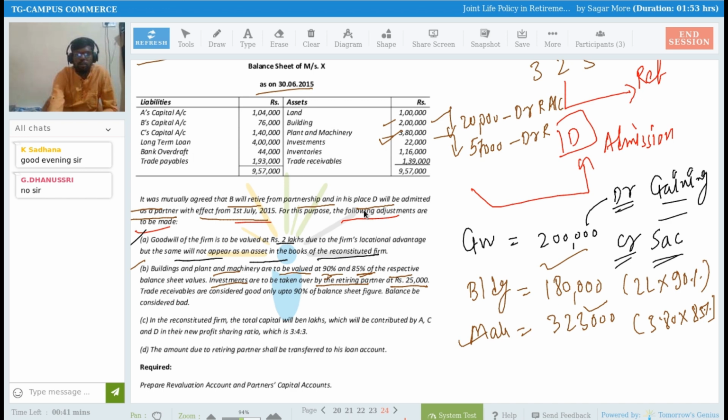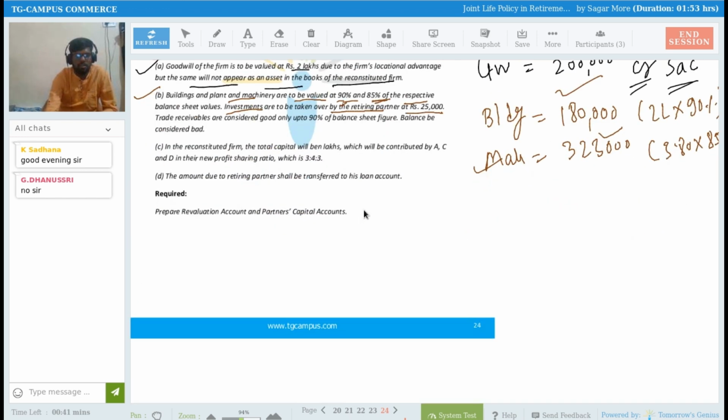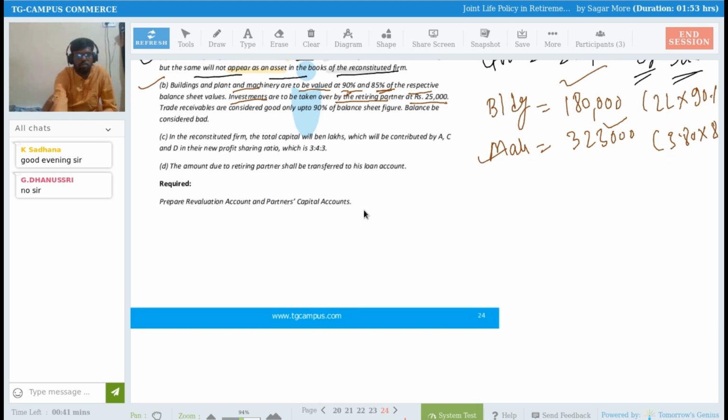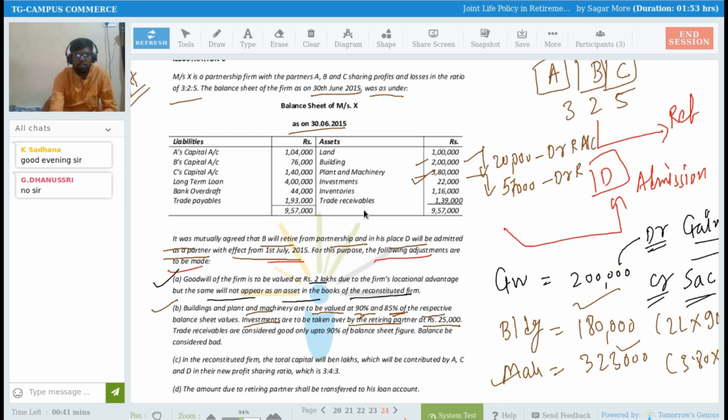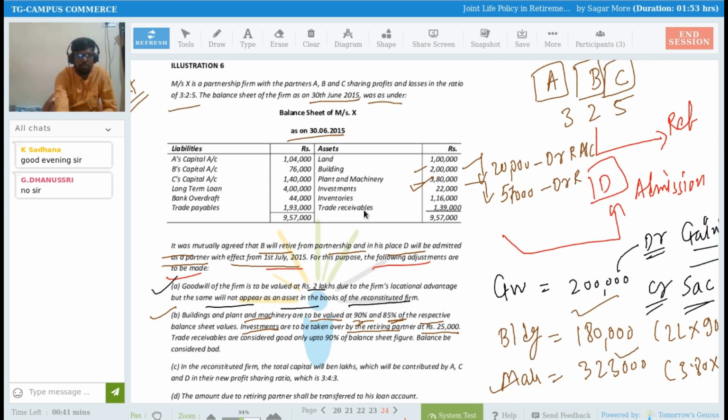So here, investment value is how much? I'm writing here. Investment value as per balance sheet is 22,000 rupees. It is given.